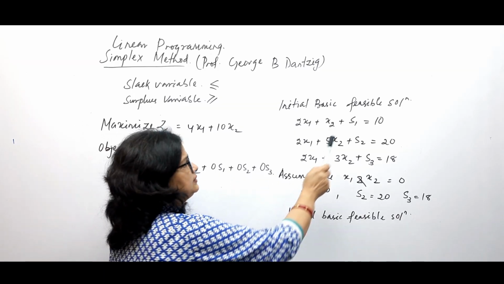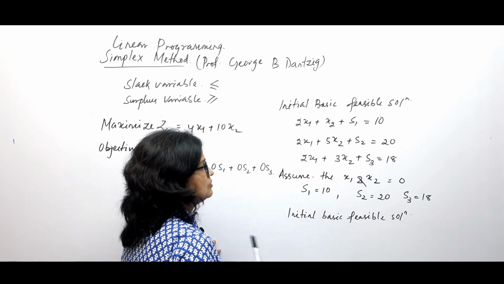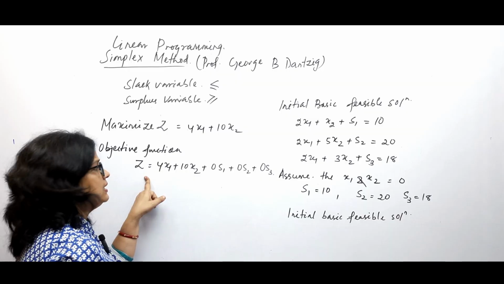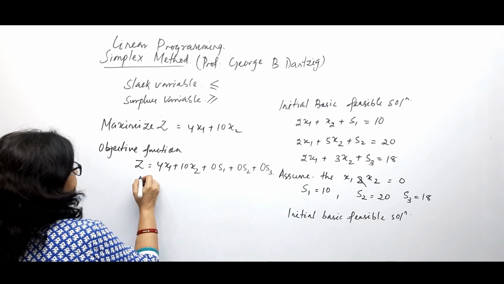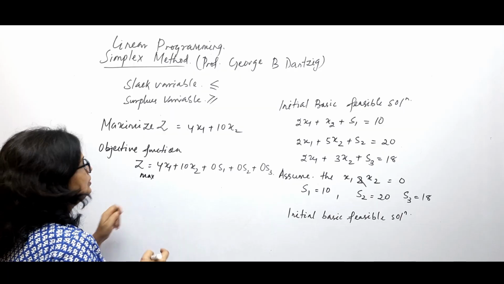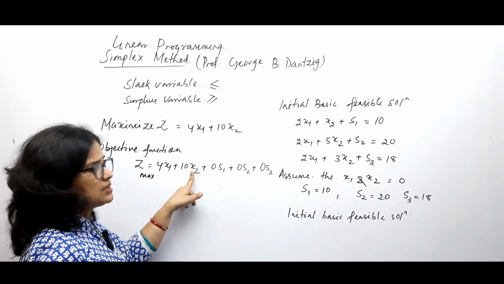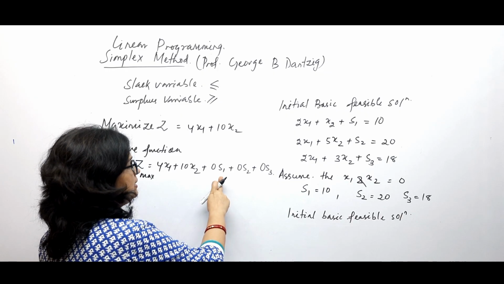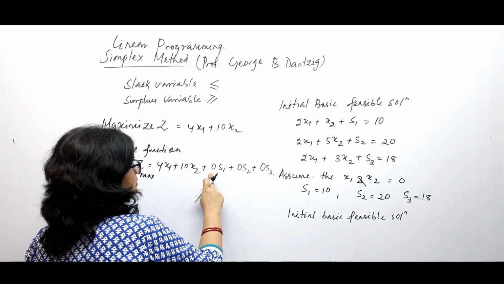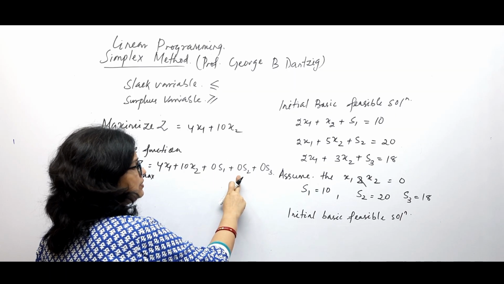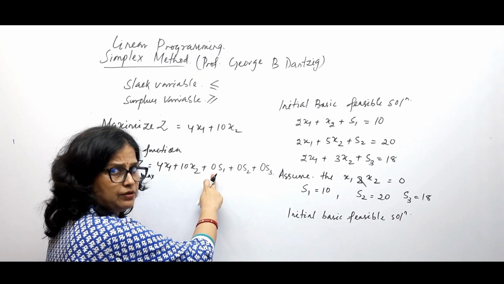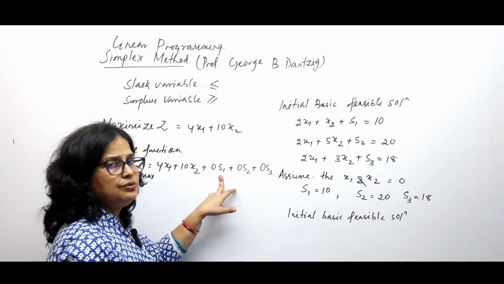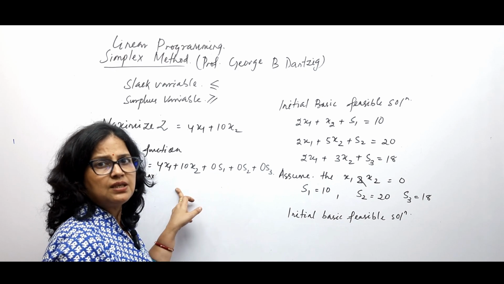As we are adding three slack variables, how are we going to write our objective function? Z max equal to 4x1 plus 10x2 plus 0s1, because the cost or profit associated with the slack variables in the objective function will be 0, as they do not add anything to the objective function.